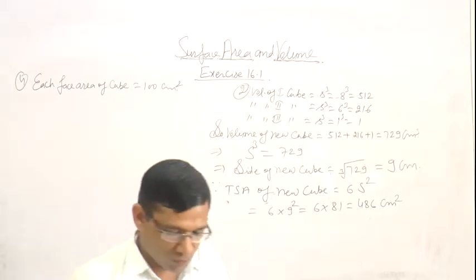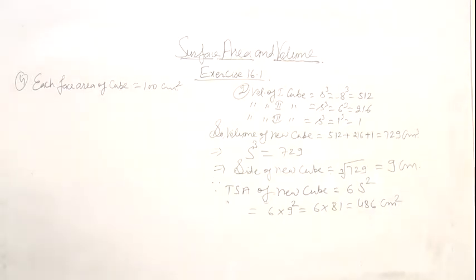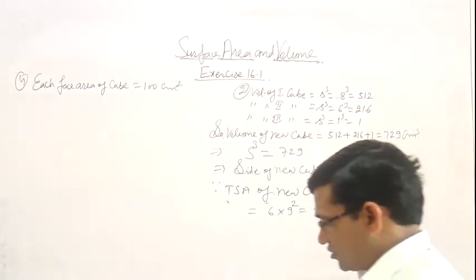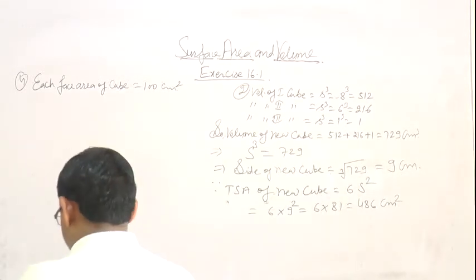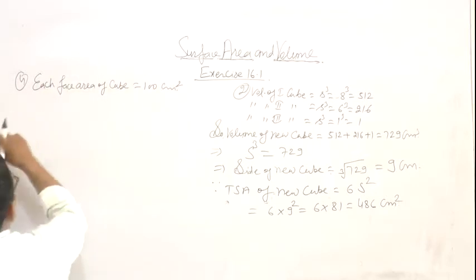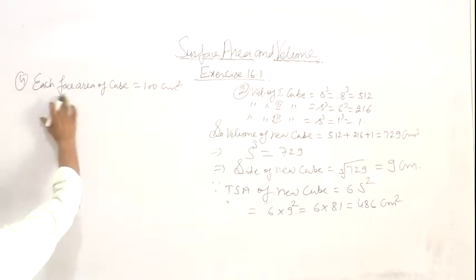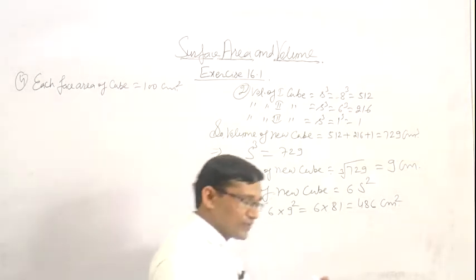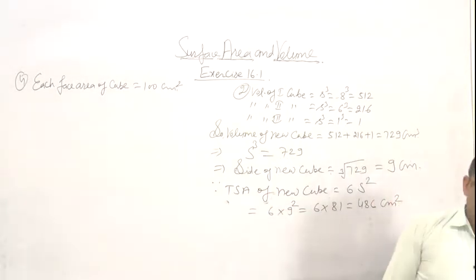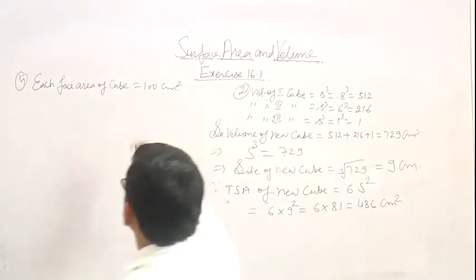If a surface parallel to the base cuts the cube into 2 equal parts, then find the total surface area of each equal part. Okay, because each face area, and the face area of a cube is what? Side square.